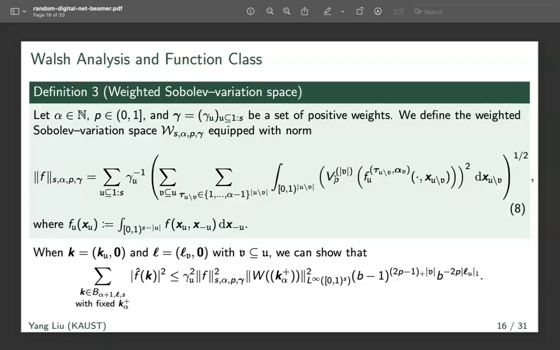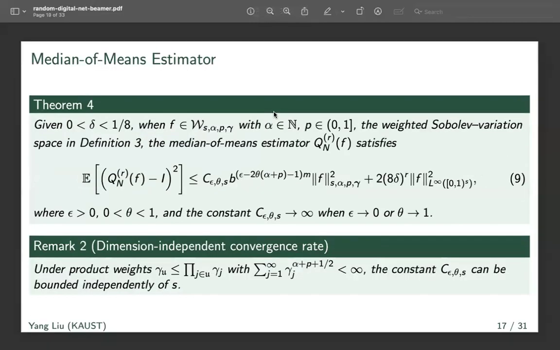So without this part, this would be similar to the weighted Sobolev space. The reason that we propose this function space is that we study the summation of the Walsh coefficients from a certain class, and we find that this definition is a natural upper bound for these Walsh coefficients. And then we present the result.